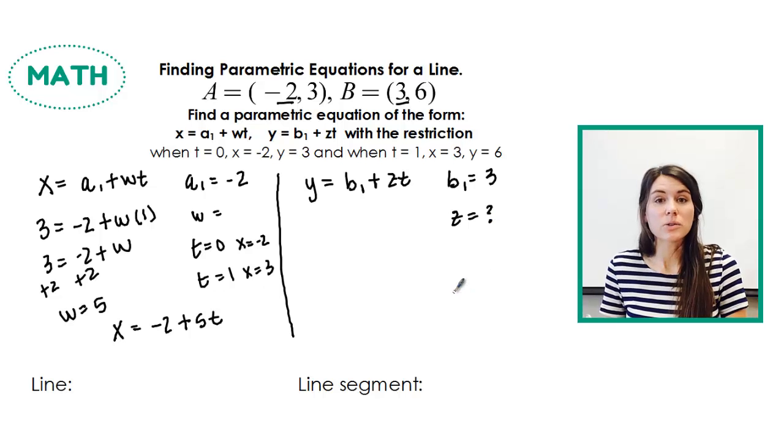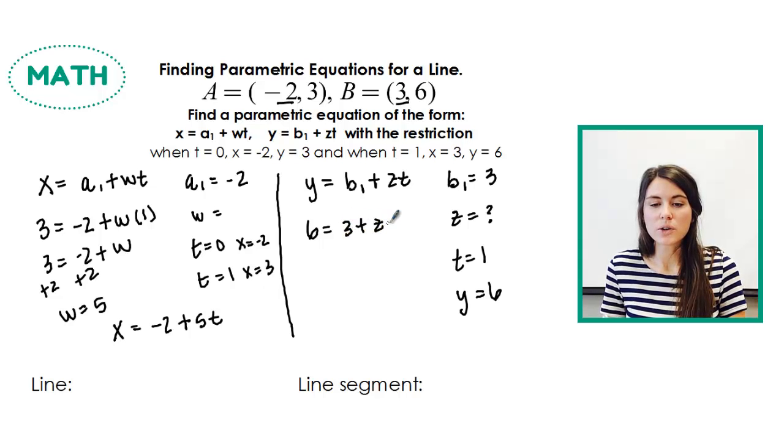I'm trying to find that. And I also know that when t is equal to 1, my y value needs to equal 6. So again, I plug all of that information in and then I solve for z. So y is 6, b1 is 3, z is unknown, and t is 1.